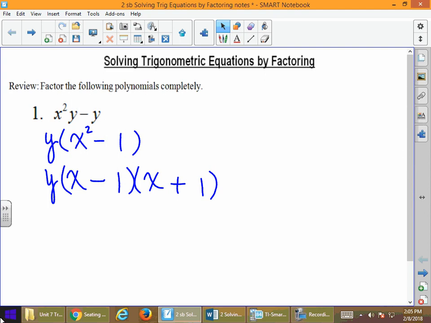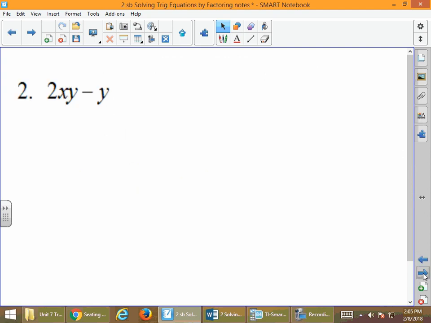Again, there's three methods for factoring. Greatest common factor, split the middle, difference between two squares. And once again, always ask yourselves, do we have a greatest common factor? In this particular problem, do we have a greatest common factor? And it looks remarkably similar to the last one. We have a y.